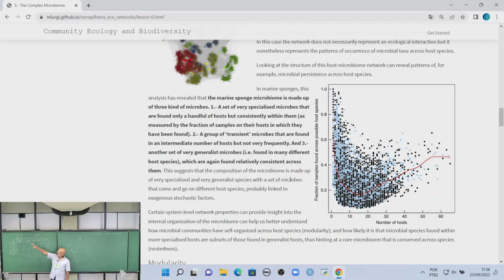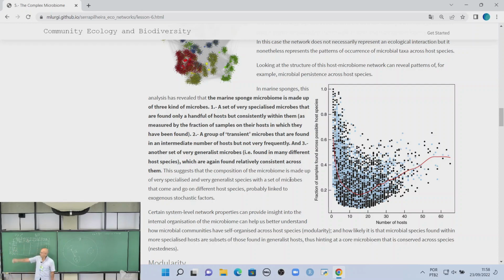And going back to this plot, what we have in the y-axis is, if I know that some OTU, so in this plot, each of these little dots is one row here, one column here.